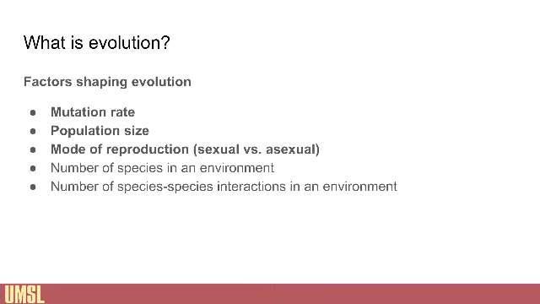So, there are a lot of different factors that shape evolution, such as mutation rate, population size, mode of reproduction, the number of species in an environment, and the number of species-species interactions in an environment, right? So, these are various kind of straightforward factors.